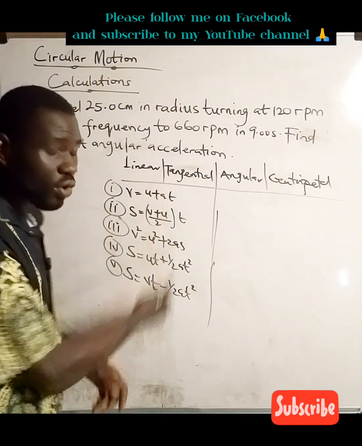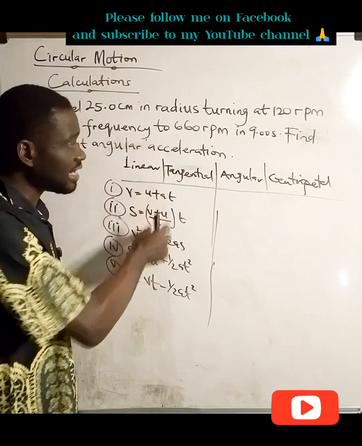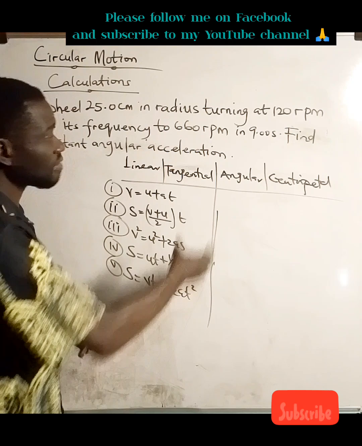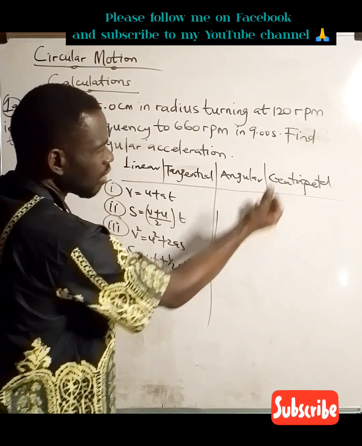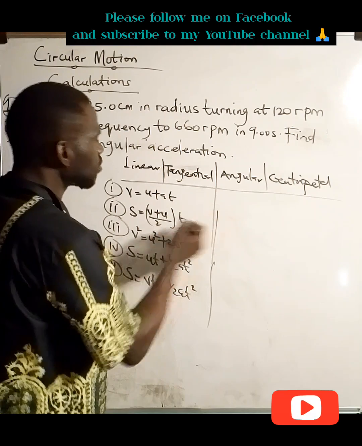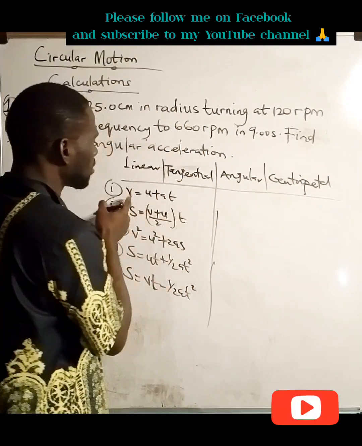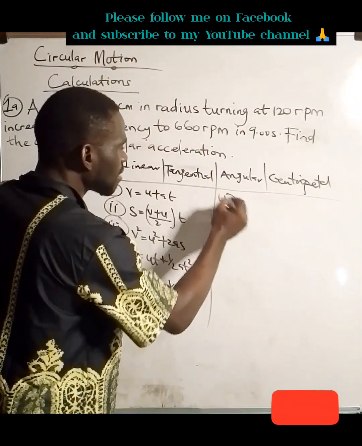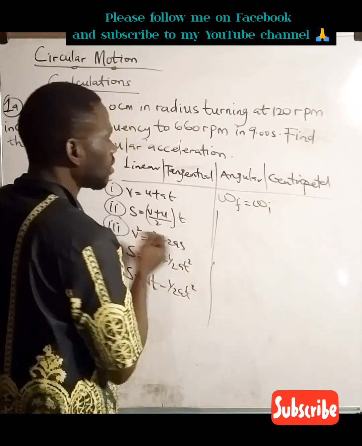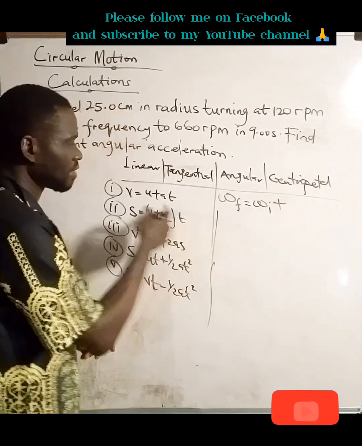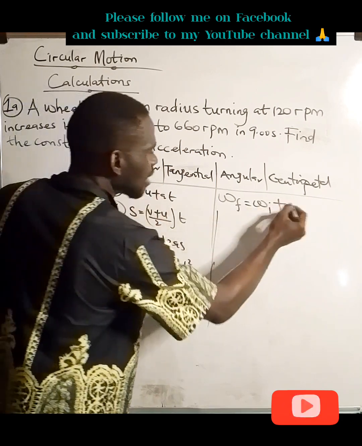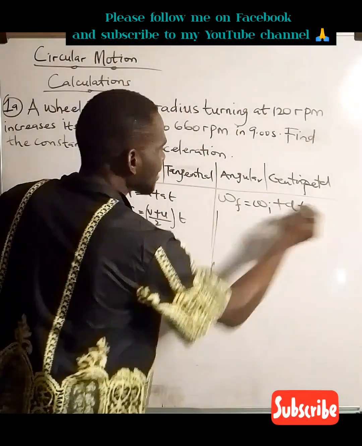Now, the way we have all this bunch of formulas under the linear or tangential quantities is the same thing we have under angular or centripetal quantities. So let's see what it's going to look like. For these angular quantities, the final velocity is going to be the angular final velocity, equals the angular initial velocity, plus, since this was linear acceleration, angular acceleration times time.